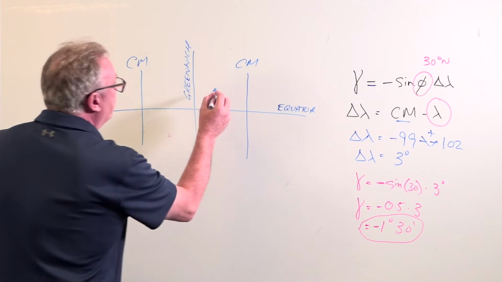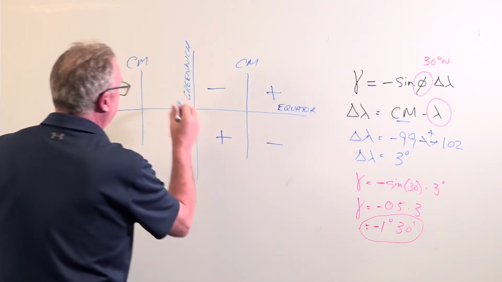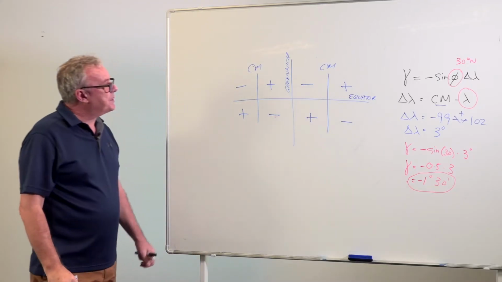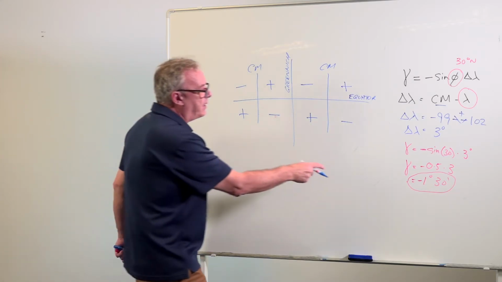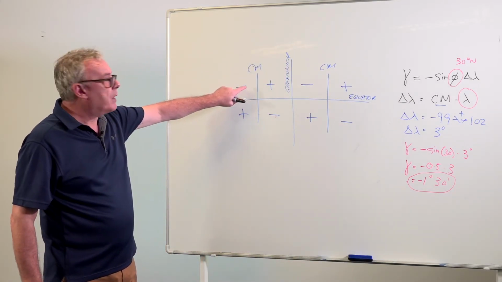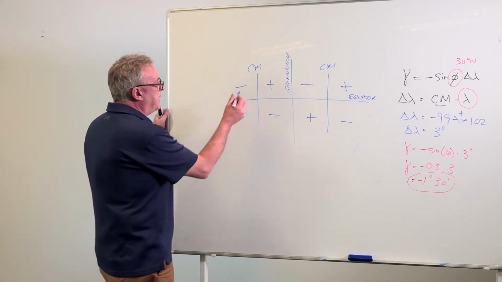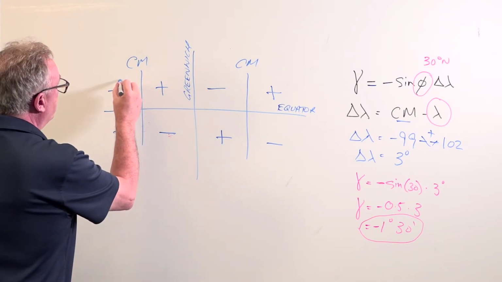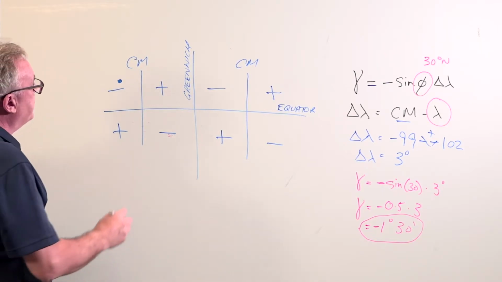I am going to write on here now negative, positive, positive, negative, positive, negative, positive, negative. So you can see within each of the quadrants that I've got within the screen there what sign convergence value should take, depending on where my wellhead is in respect to the quadrants. So for example, in the case that we're going to follow, my wellhead is going to be 102 degrees longitude in the western hemisphere.